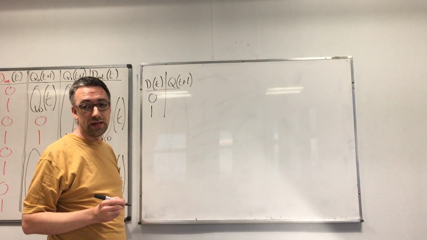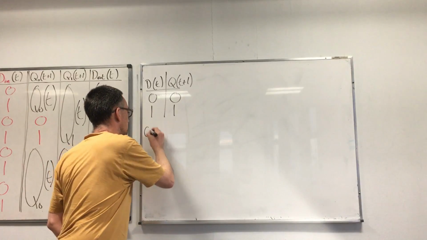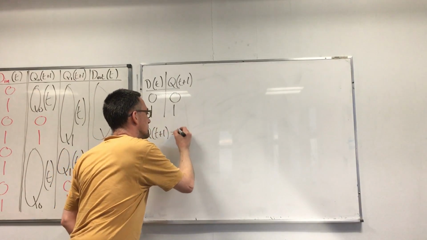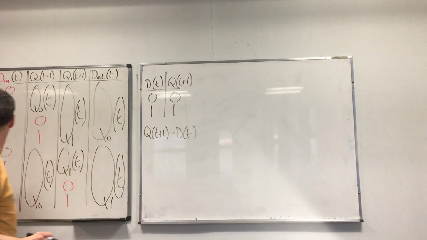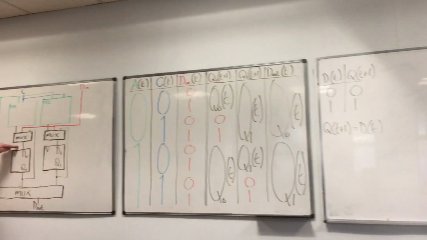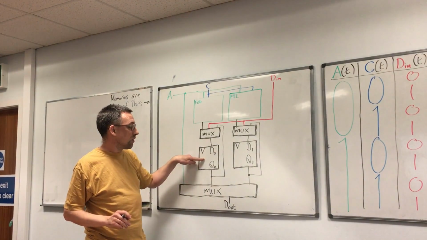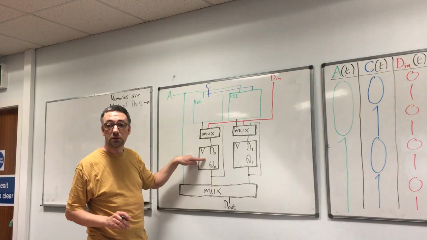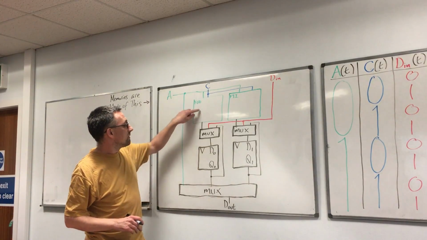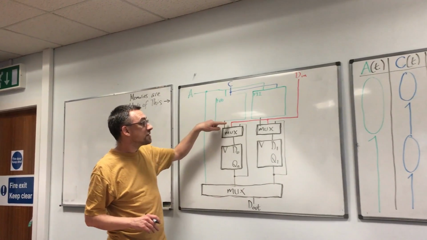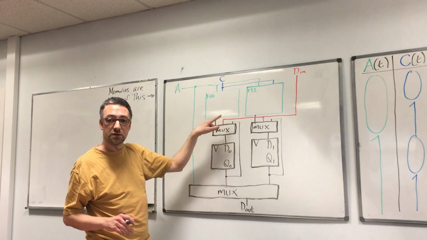The next state will be taken directly from the D input. Q of t plus 1 equals D of t. So that tells us that the signals we should send into the D flip-flop are exactly the value that we want to store. So that is going to help us enormously figure out how to control the mux, because we're choosing between one signal we could store or the signal that's already stored.